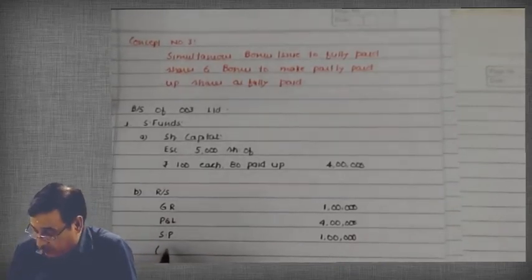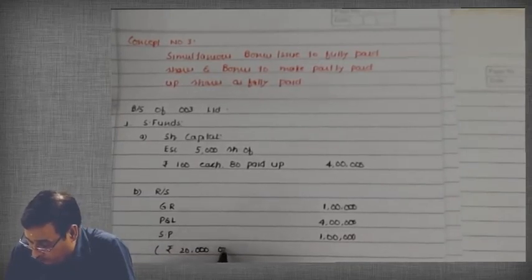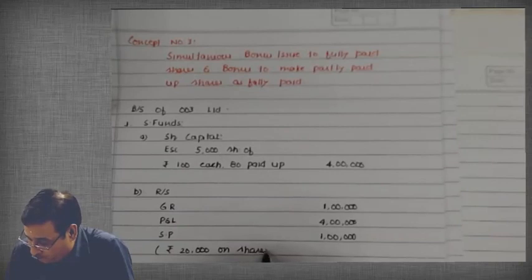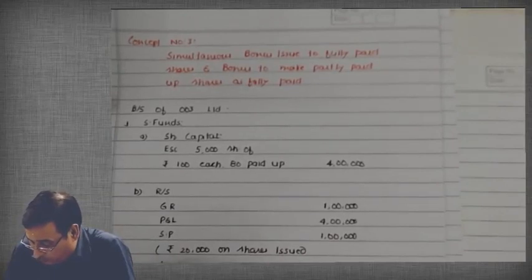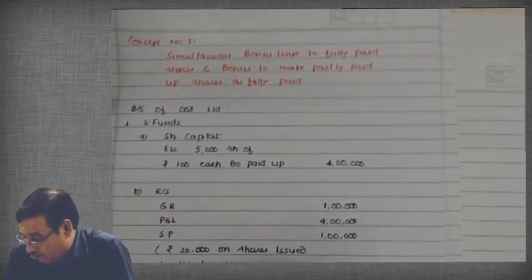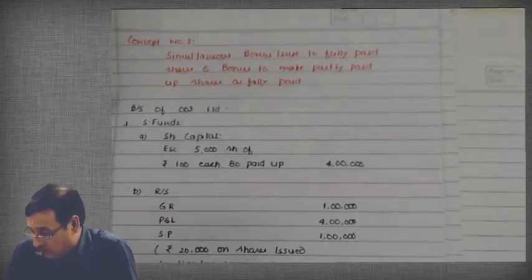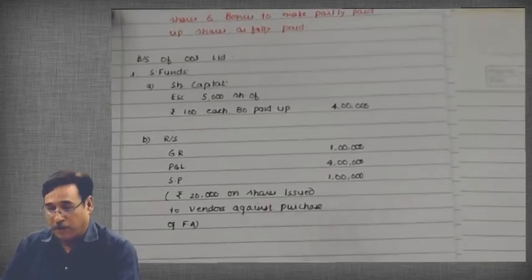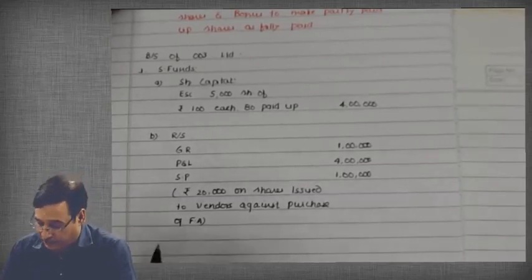I write in bracket rupees 20,000 on shares issued to vendors against purchase of fixed assets. I need not tell you what it means. It means out of 1,20,000 worth of security premium, this portion is not realized in cash.